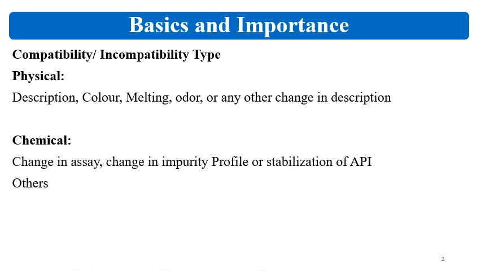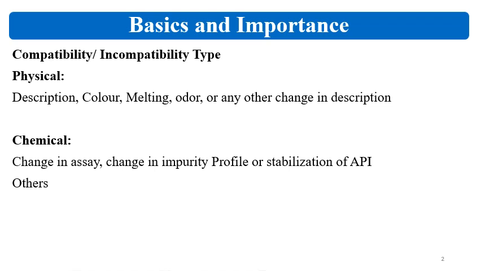If there is a change in color or change in appearance, that comes under the category of physical compatibility. So physical compatibility involves tests like description, appearance, color, melting, odor, or any other change in the description or physical parameters.